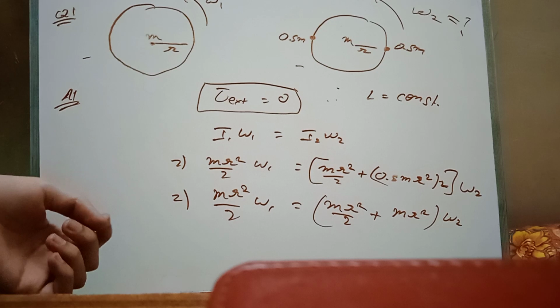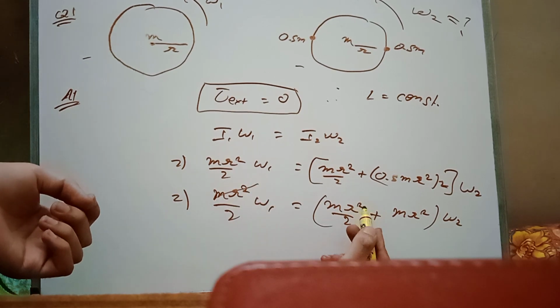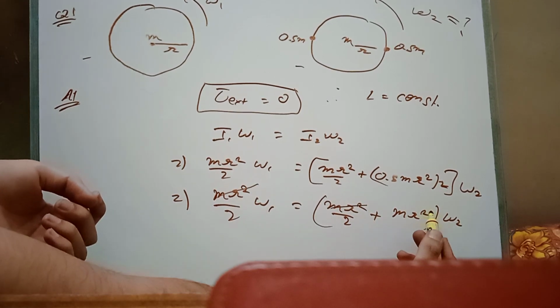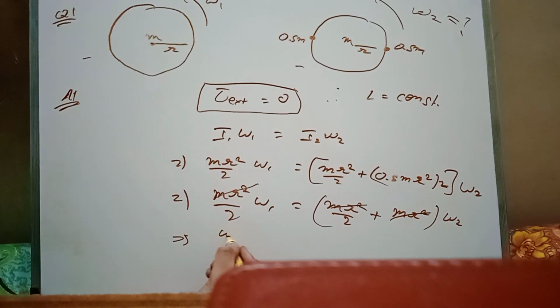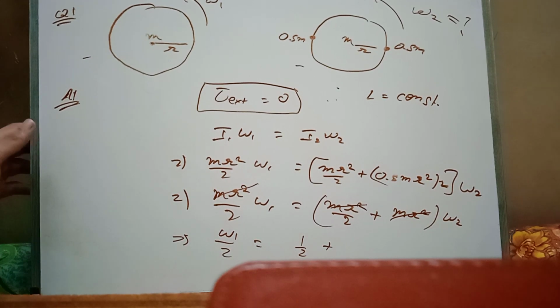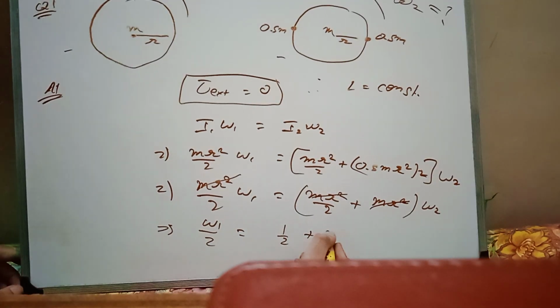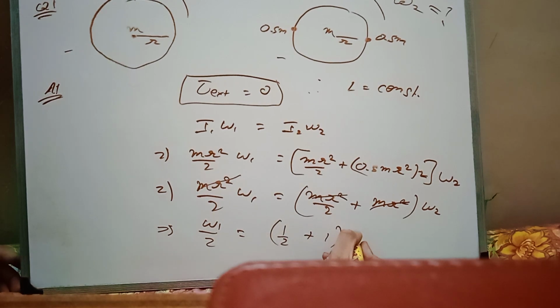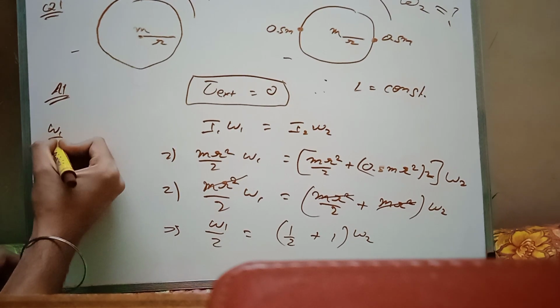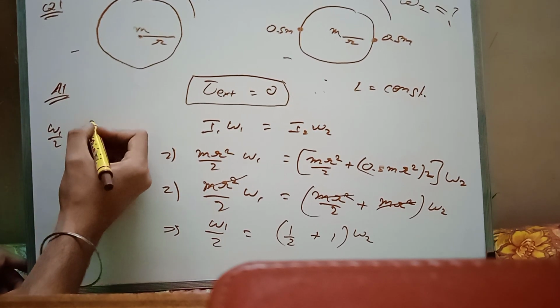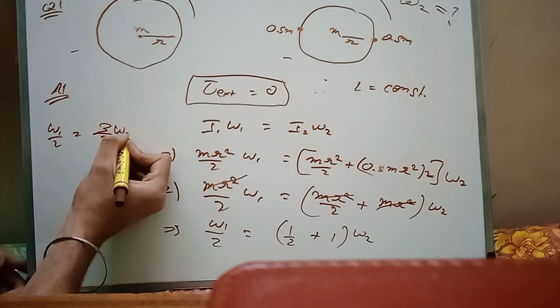Now we cancel these terms, mr square from both sides. You get omega 1 by 2 is equal to 1 by 2 plus 1, times omega 2. So omega 1 by 2 is equal to 3 by 2 omega 2.